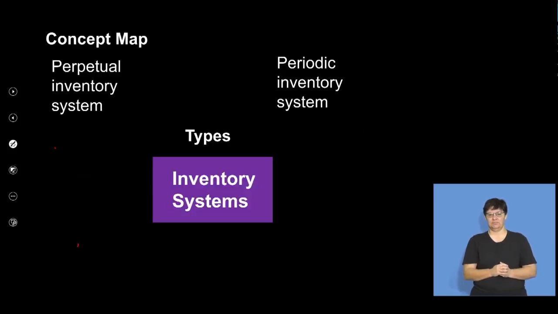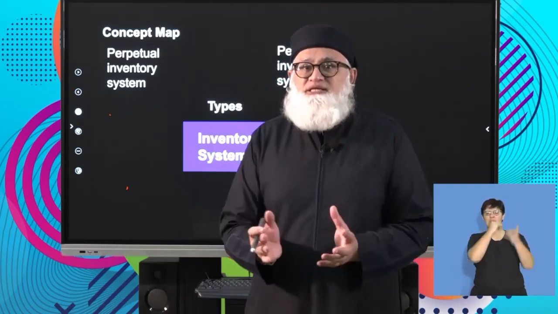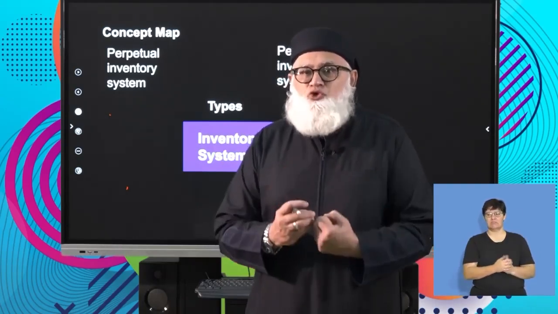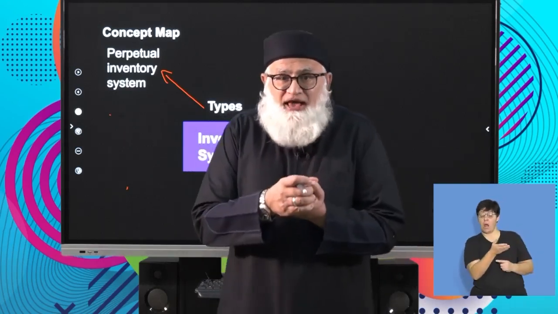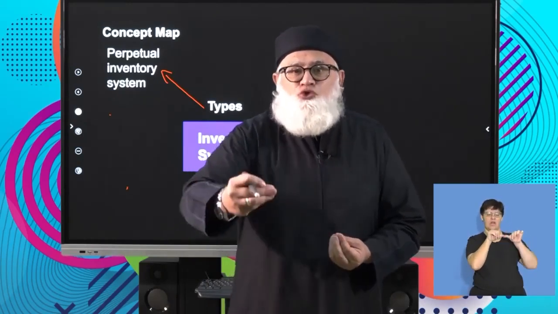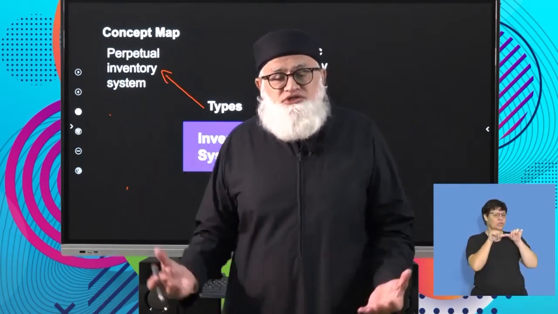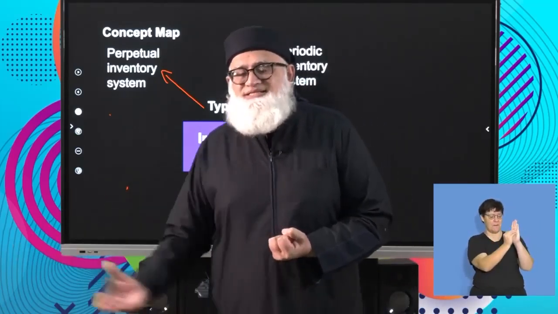Now, you get two types of stock systems. Up to now, you have been experiencing what we call the perpetual inventory system. The word perpetual just means continuous. The continuity of the stock is recorded in our books.